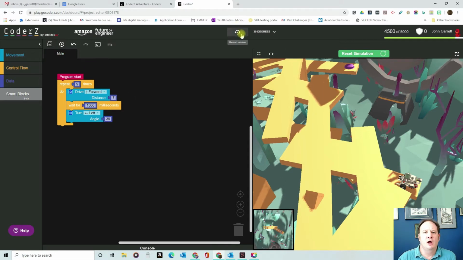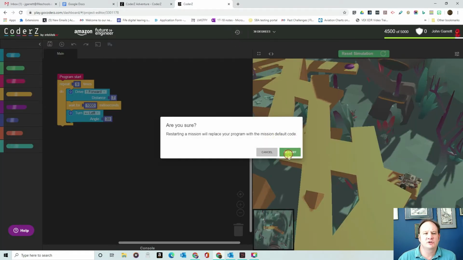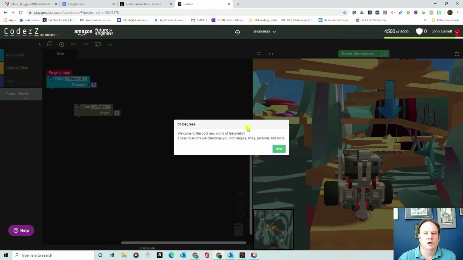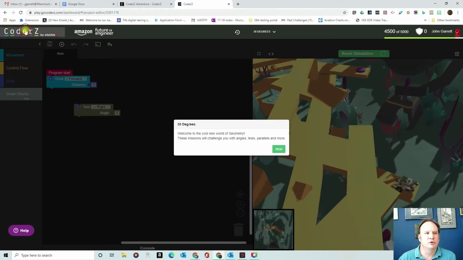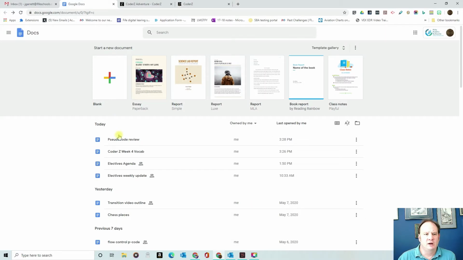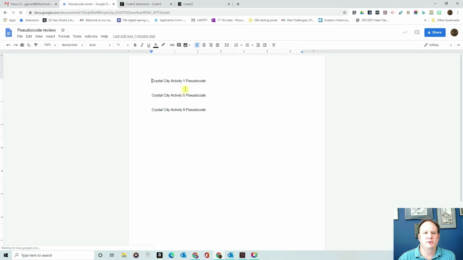Before I get going here, I'm going to restart that, and then go back out to here. Before I go into pseudocode, that was the last thing I wanted to review. Remember, pseudocode is the rough draft of the program. As I jump back into the review, you can see I'm going to be doing some pseudocode review for activity 1, and I'll do that in part 1.